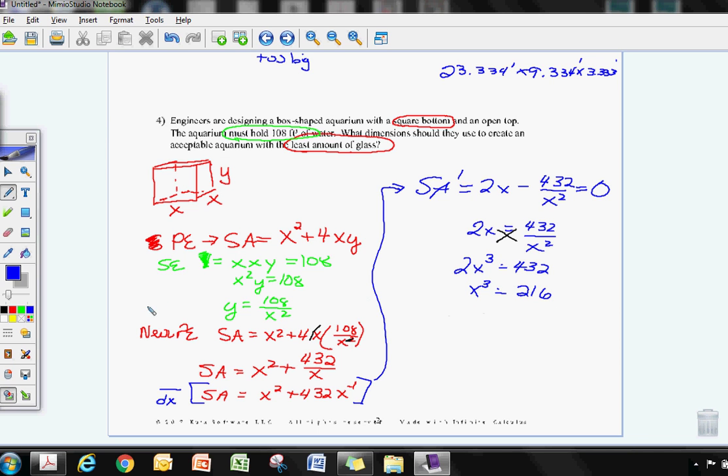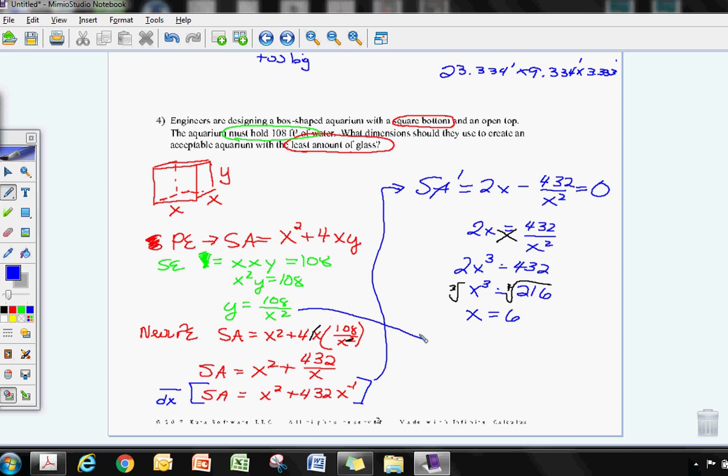And I'm going to have to take the cube root of each side. I don't know if you guys remember your cubes. If you had me in math, you should. In Algebra 2, X is going to equal 6. So I have my X value equaling 6.